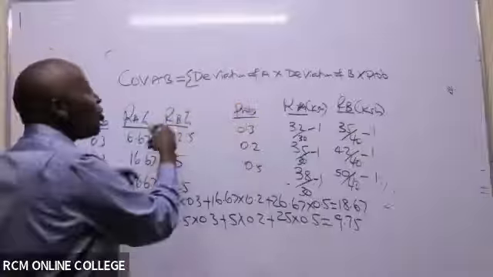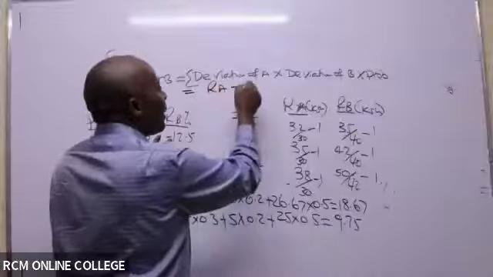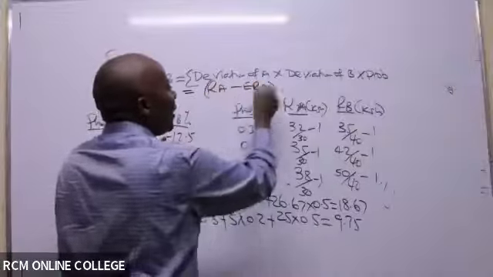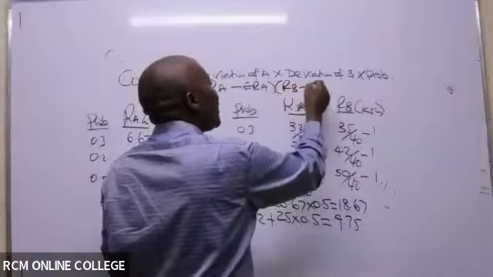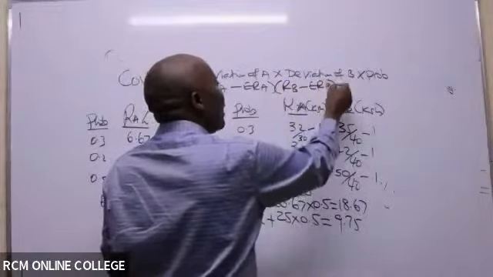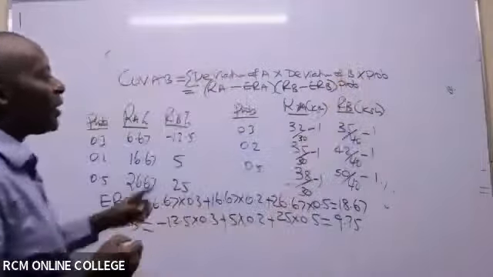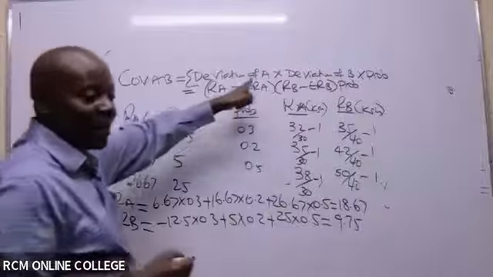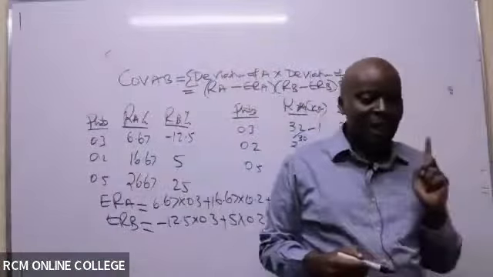How do we get these deviations? It's very easy. You will take the returns of A minus expected returns of A, into deviation of B. You take the returns of B minus expected return of B. And then you come and multiply here with probability. Like that. This is a formula that everybody should be able to master.